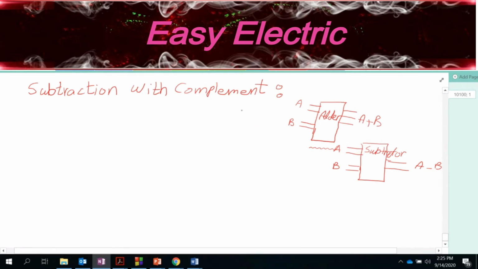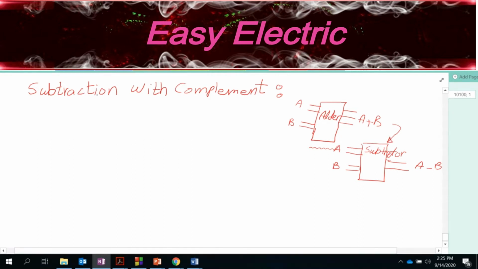So what we want to explain here, which is the title, Subtraction with Complement: you design the hardware to add two numbers, right? Then you don't want to design another hardware to make a subtractor.